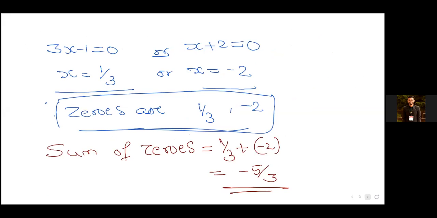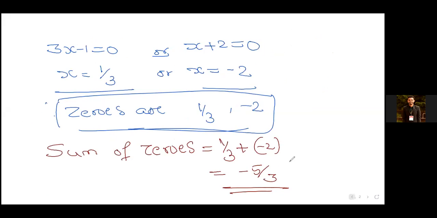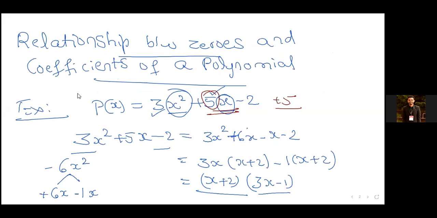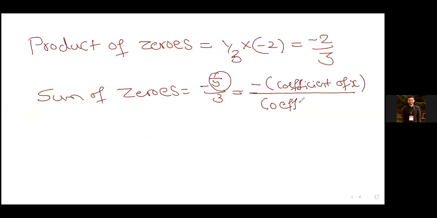And what is 3 here? It is the coefficient of x square, right? This is the relationship between the zeros and the coefficients of that polynomial.